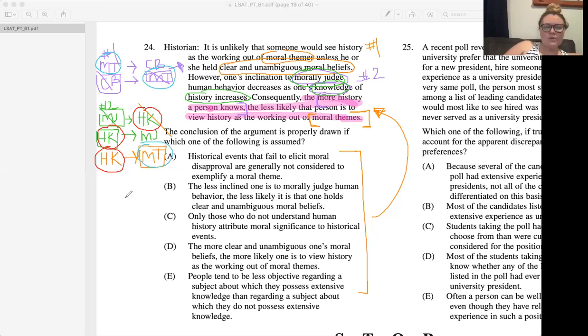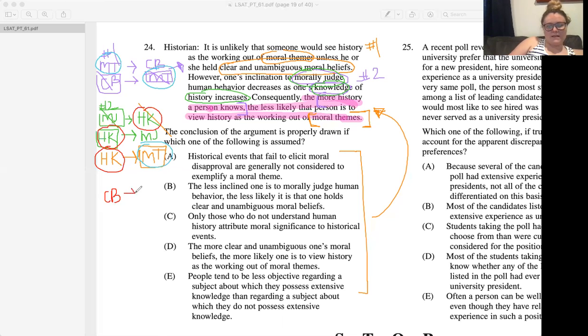So what can we say that would guarantee that the more history a person knows, the more we're likely to have moral themes? Well, what about clear beliefs? What guarantees that we have clear beliefs? What if we said that the more clear beliefs someone has, and what can we say about that with premise number 2?